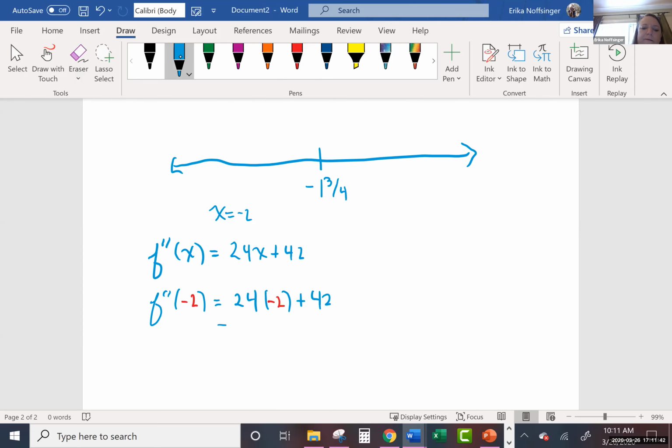So we have negative 48 plus 42, which is negative 6. So this is less than 0. So if it's less than 0, it's concave down.